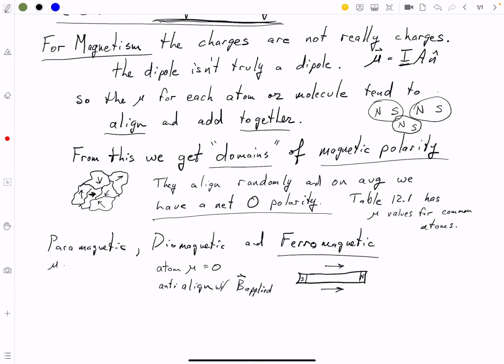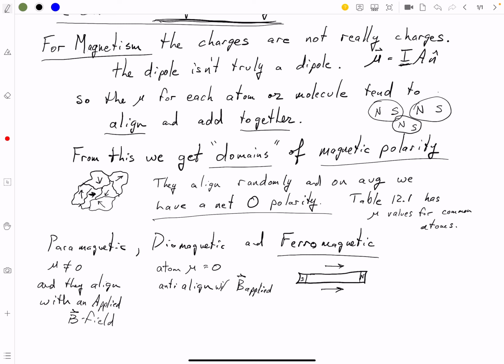So their magnetic moment is not equal to 0, and they align with an applied B field. So paramagnetics will align, diamagnetics anti-align, and the ferromagnetics really, really, really align.